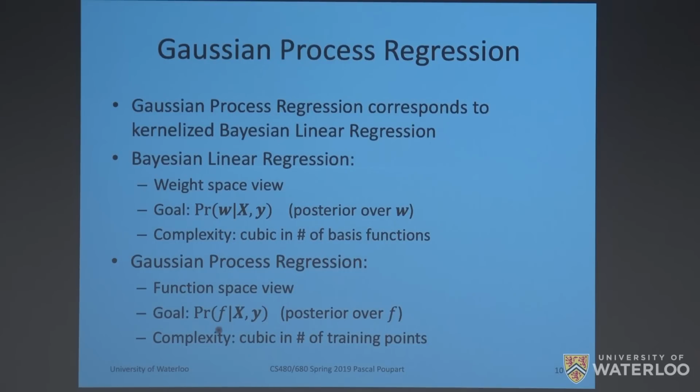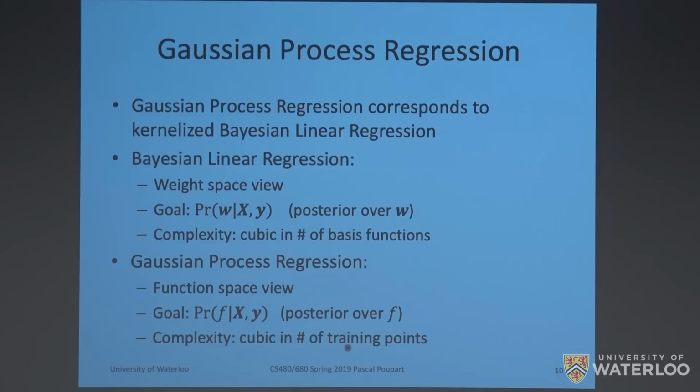We express our distribution directly on f, which for some people might be more intuitive and for others less intuitive. It depends whether you're more comfortable with weights or thinking directly in terms of the function. But the beauty is that the complexity is now independent of the dimensionality, so it doesn't matter how many basis functions we use. Instead, it's going to be cubic in the number of training points, the amount of data.